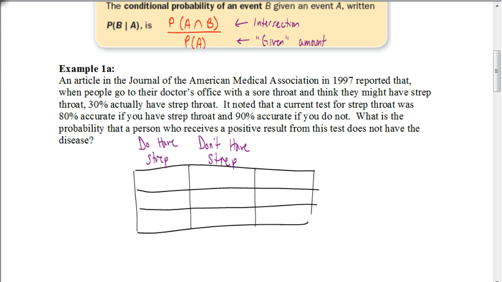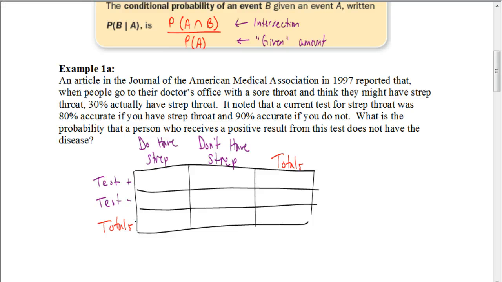In this last column, we're going to put our totals, but that'll come in the end. Then we could also have a situation where we go into the doctor and we test positive, and where we could test negative. Again, we would have our totals down here. Setting up this table is going to help out a lot when we go and find probabilities.